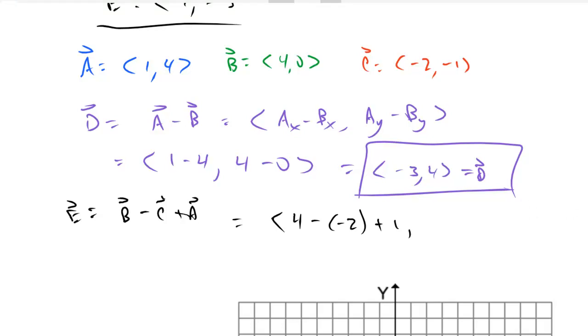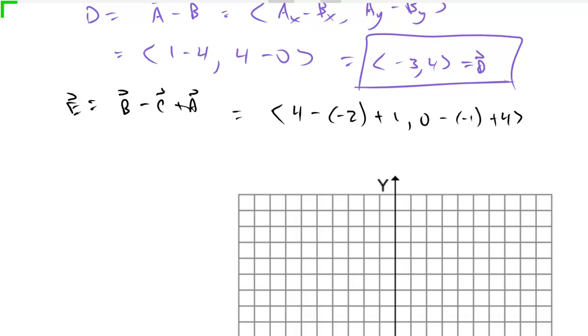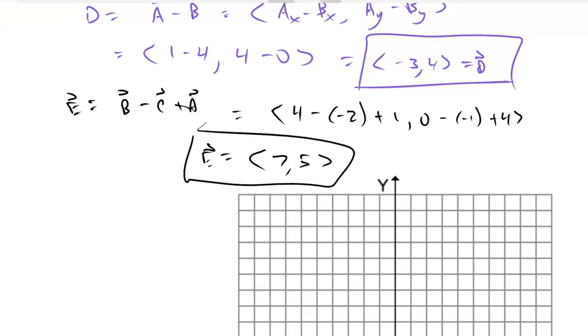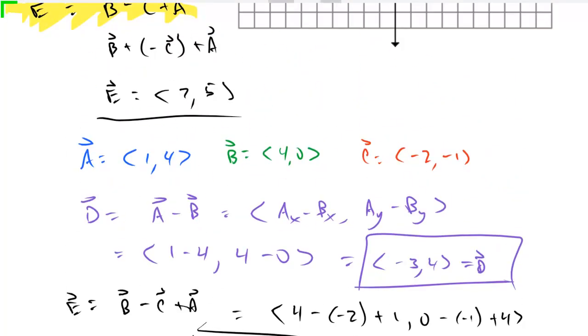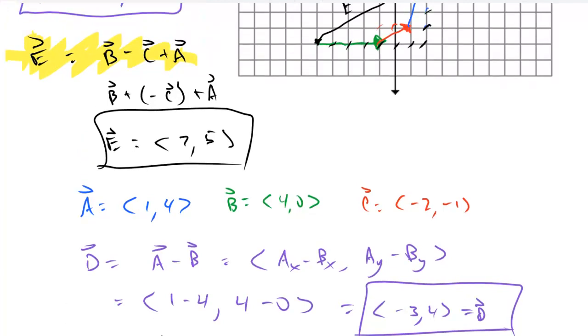And then the y component: By was 0 minus Cy, which was -1, so minus -1, and Ay was 4, so plus 4. So vector E is equal to 4 minus -2 plus 1 is 7, and 0 minus -1 plus 4 is 5. So vector E was (7, 5), which again was the exact same thing that we found via the graphical method previously.